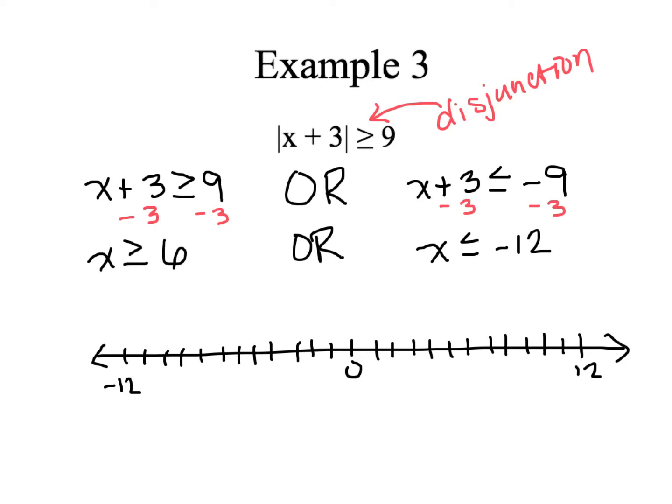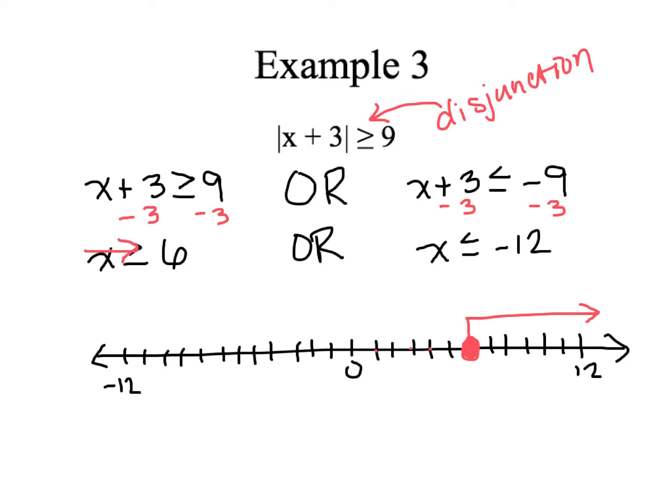Okay, x is greater than or equal to 6. So 1, 2, 3, 4, 5, 6. And it's greater than or equal to, so it's going to be a closed circle. So kind of follow the way of the sign if you want to.